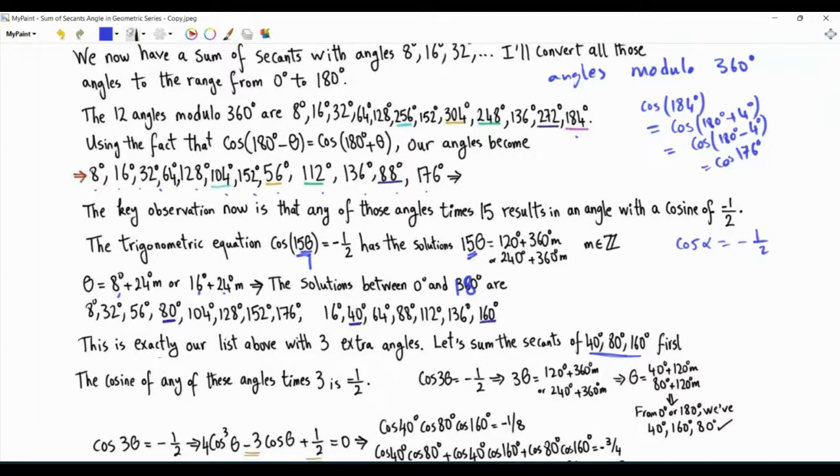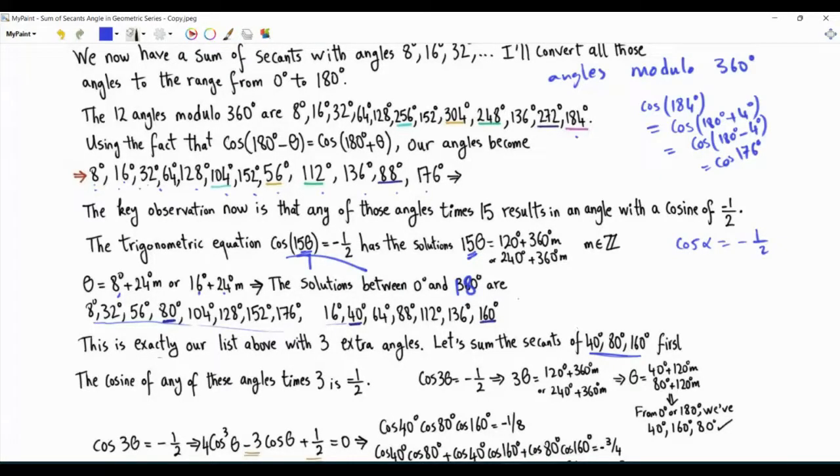Remember, we want the sum of sec 8 and sec 16 and sec 32 and so on. Now, we can get the sum of sec 8 plus 32, the sec of those guys which satisfy this property. But then we also need to find what is sec 40 plus sec 80 plus sec 160 degrees.